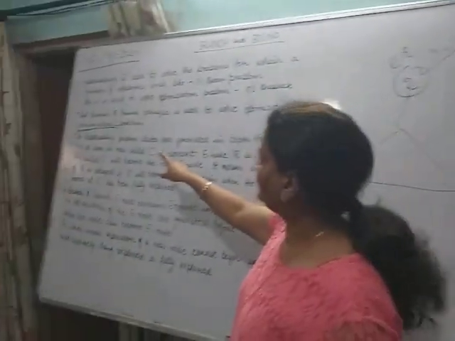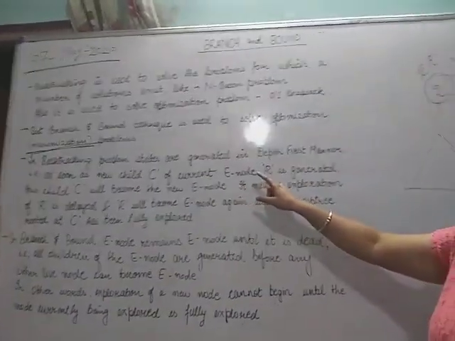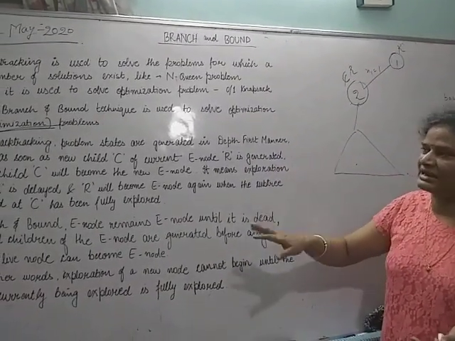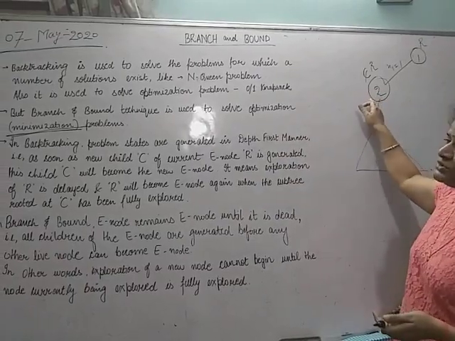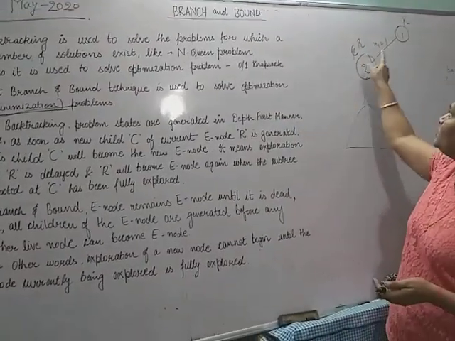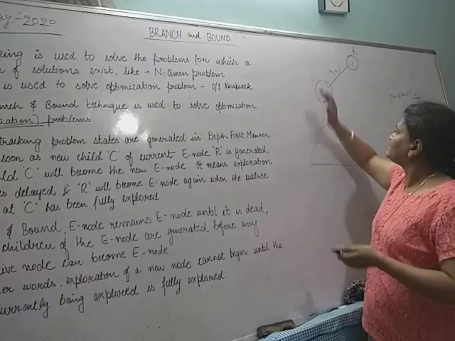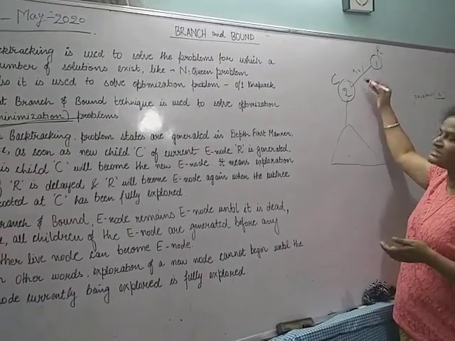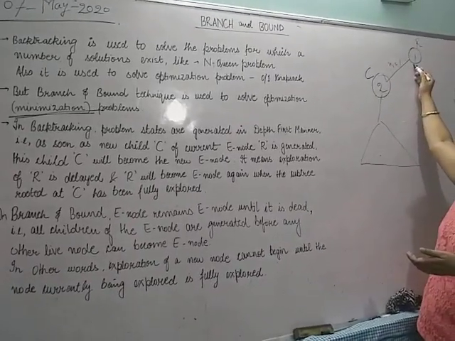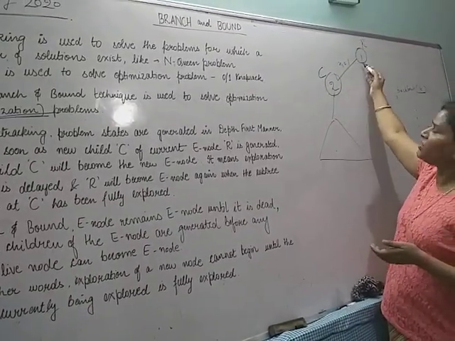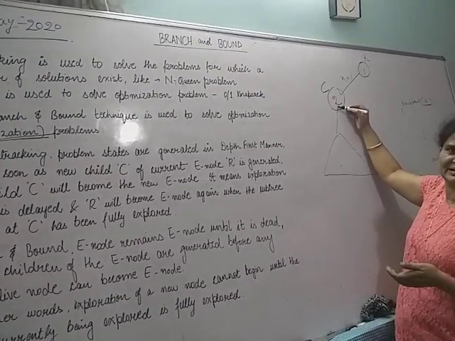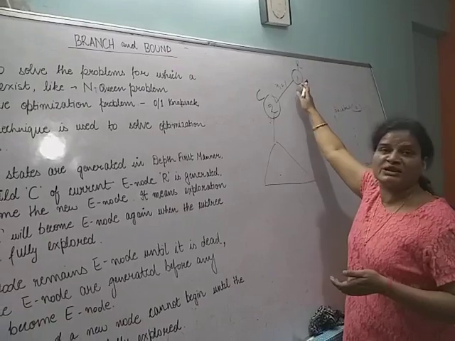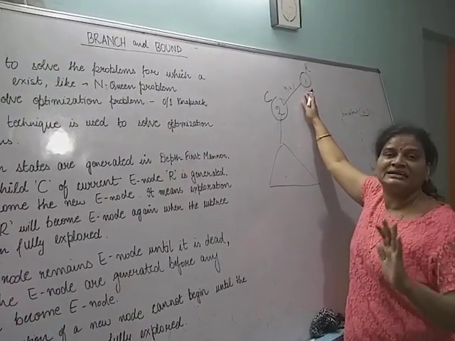In backtracking, problem states are generated in depth first manner. What is the depth first manner? As soon as a new child C of current E node R is generated, if you compare, this is C and this is E. As soon as it starts generating the children, this will become E node, and as soon as the new child C of the current E node R is generated, this C will become the new E node, and the exploration of R is delayed.